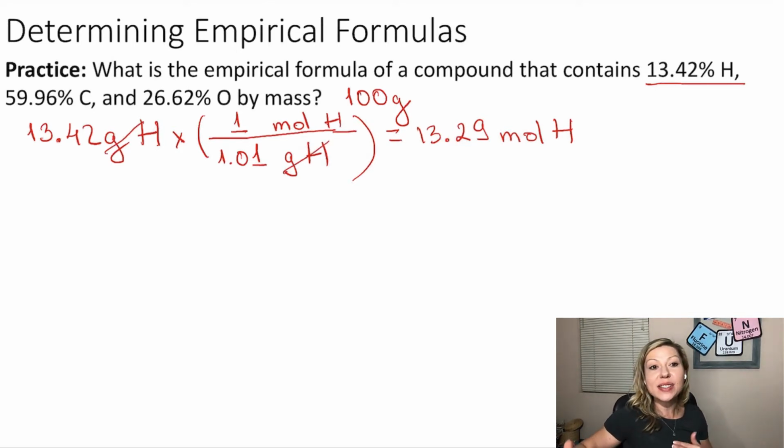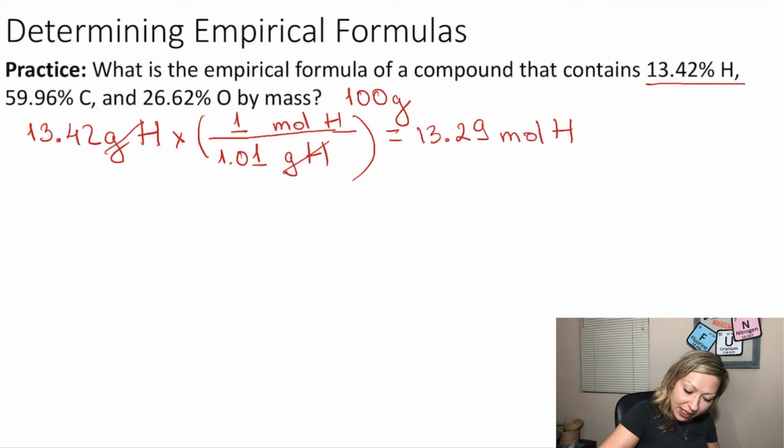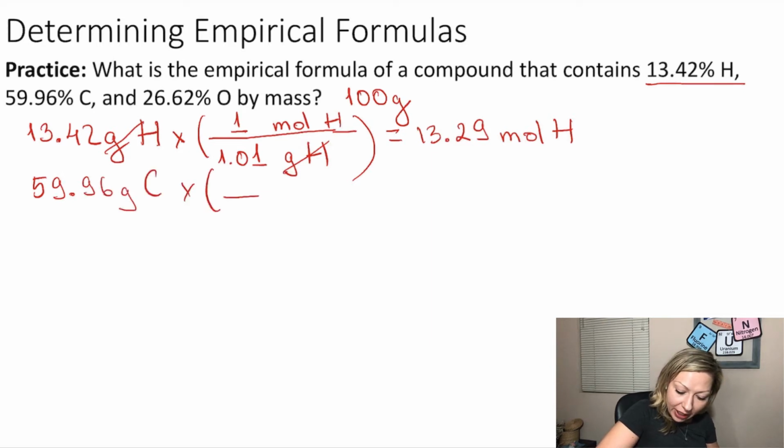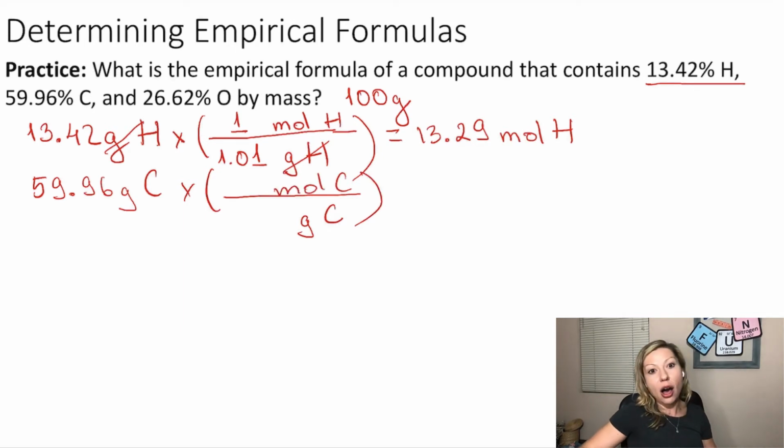Okay, let's do the same for carbon. So since we have 100 grams total, 59.96 grams of that is carbon, and then we can convert that into moles of carbon by putting the grams of carbon on the bottom and the mole of carbon on top.